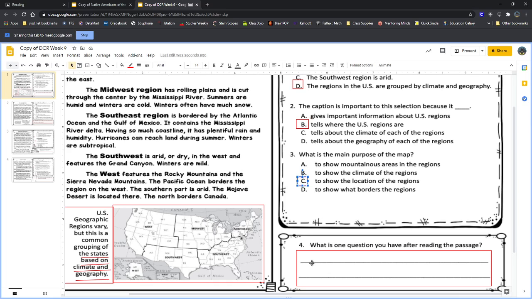What's a question we might have after reading this passage? What's a question we might ask about regions? Because that's what this whole passage was about. So what is a question we could ask about regions, the regions of the United States?